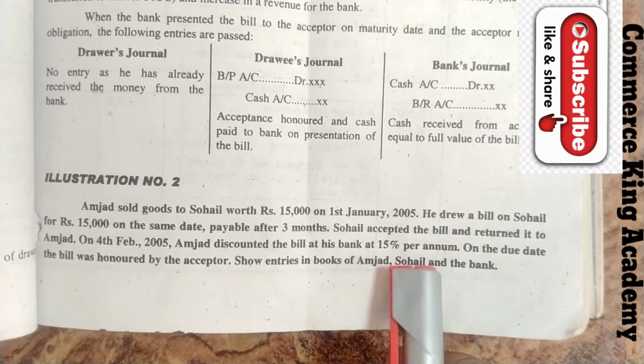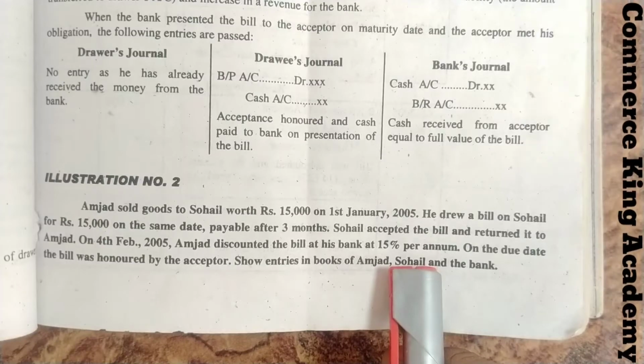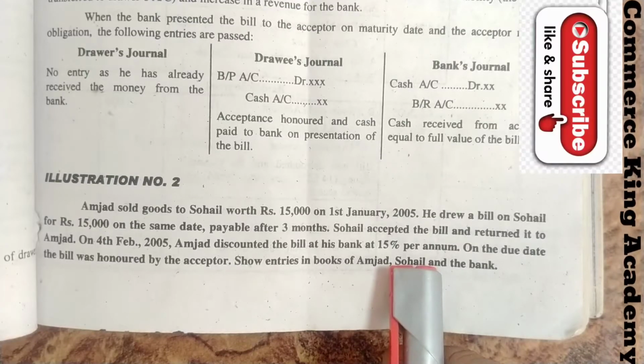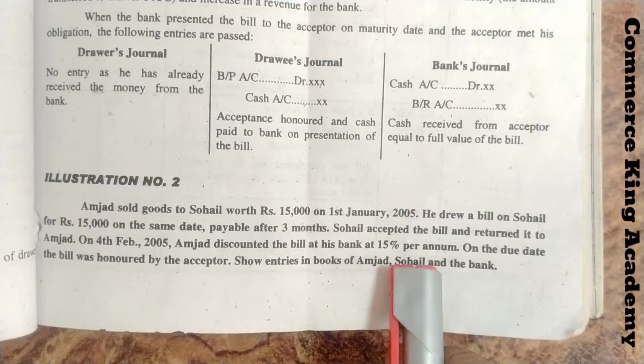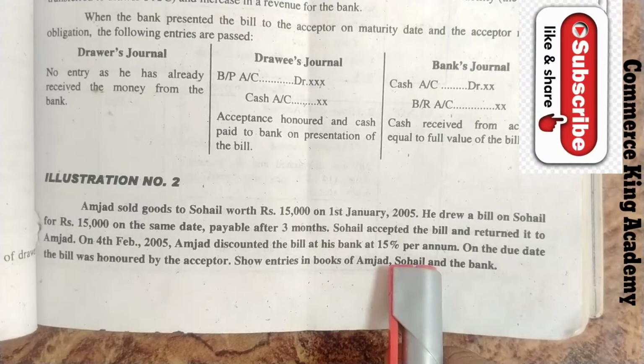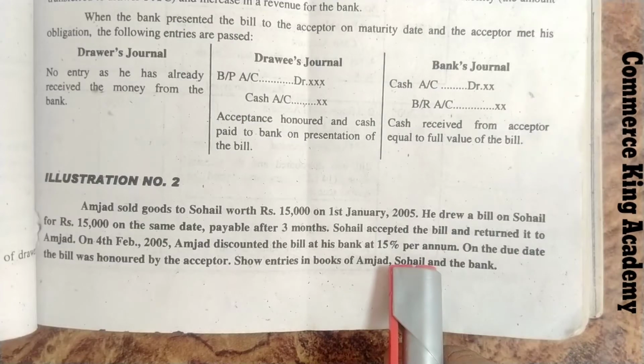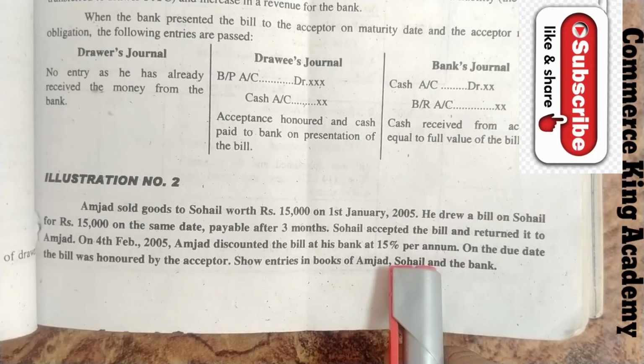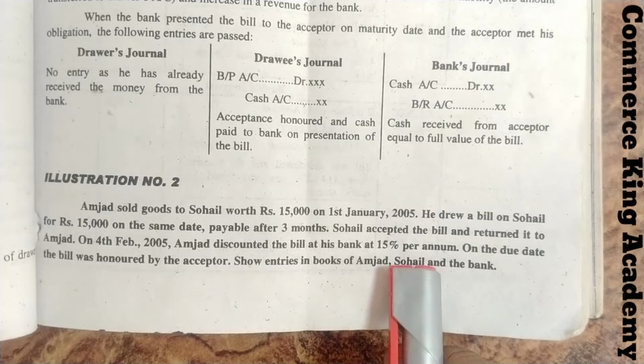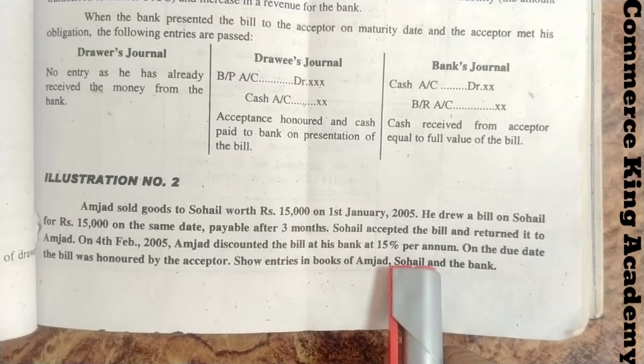So the 15% discount or interest rate will be the expense for the drawer, Mr. Amjad, and the 15% discount or interest rate would be for the bank as revenue.